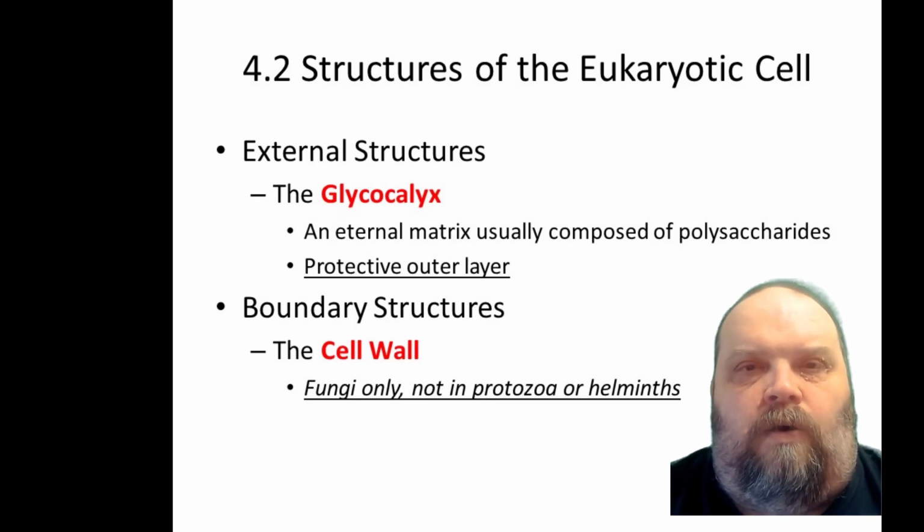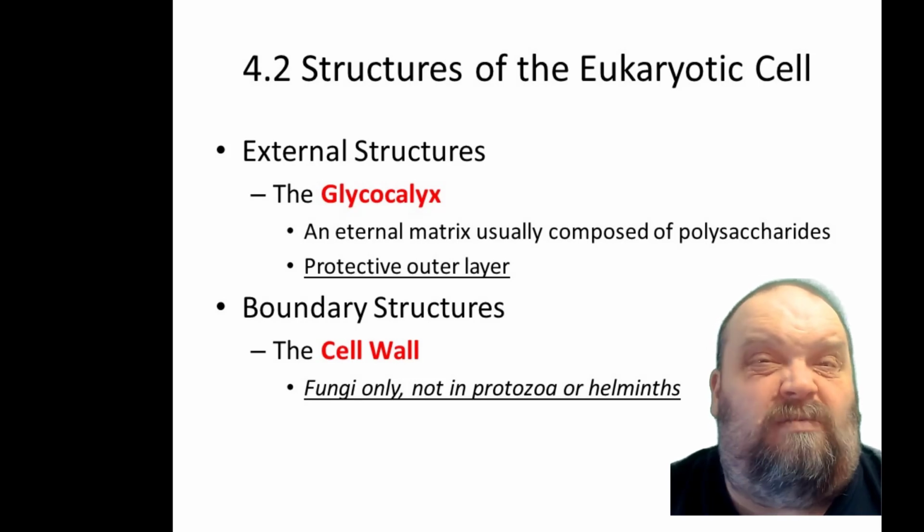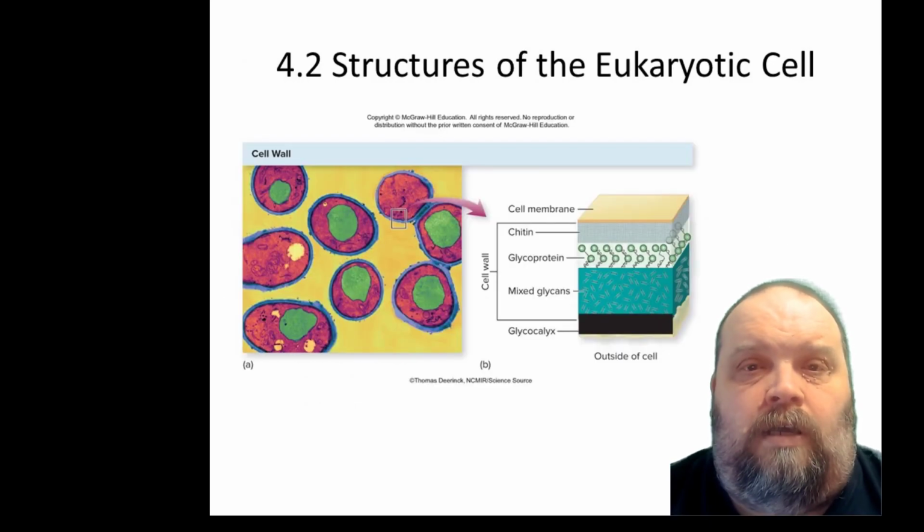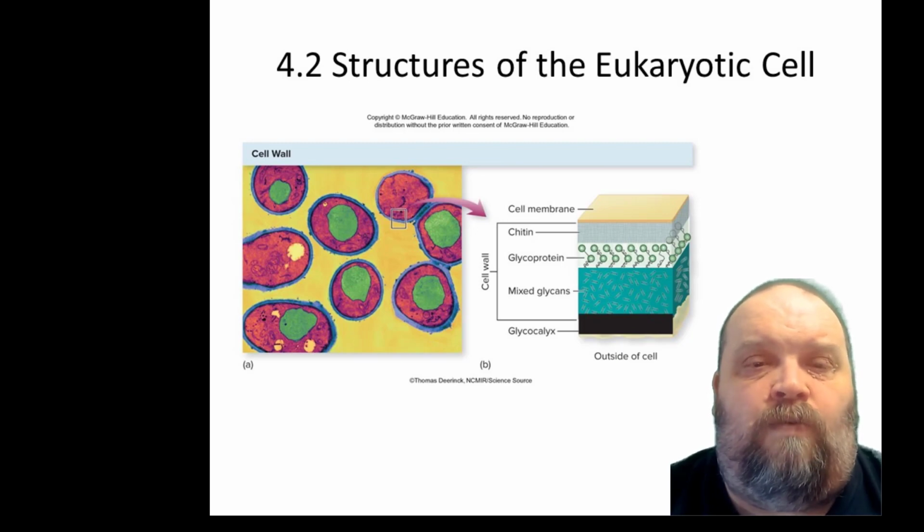What you're going to see, though, is that the fungi are going to have a hard outer cell wall. It gives them structure, quite similar to what we saw with plants. Not the way they're made, but their purpose. It protects the cell and allows for the tissues that the cells form to have some three-dimensional shape that can't be changed due to osmotic pressures.